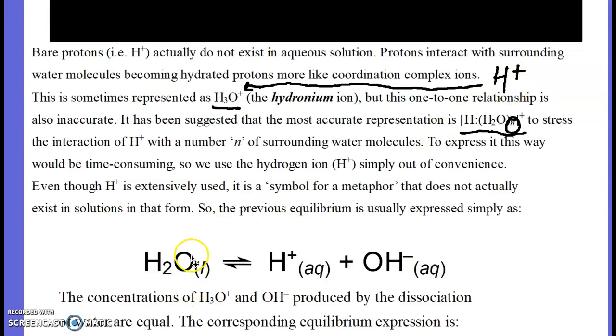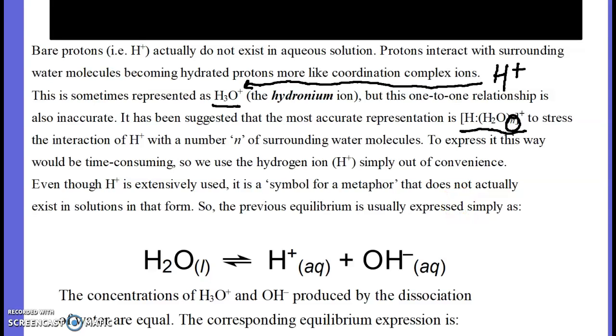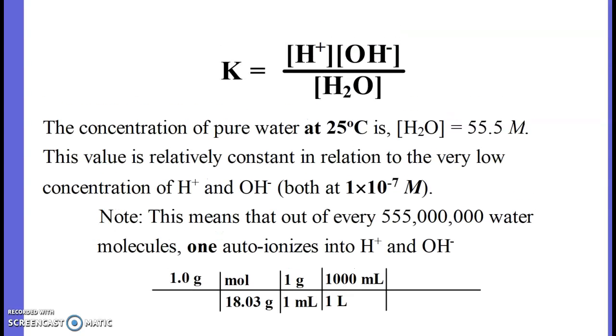Okay, here's the chemical reaction that's happening. You have your reactant of water, liquid. You could put aqueous, obviously. It's reversible, making these hydronium ions and these hydroxide ions. So this is happening throughout this liter of water, constantly, back and forth. It's actually dynamic.